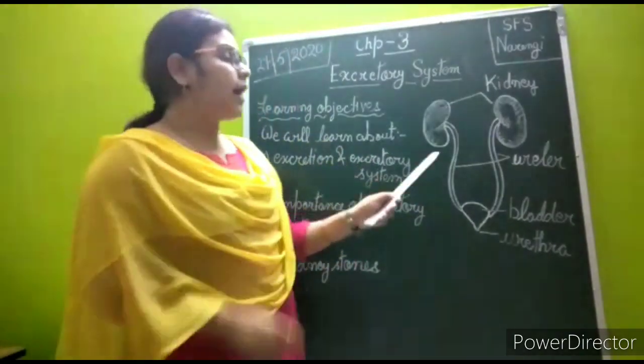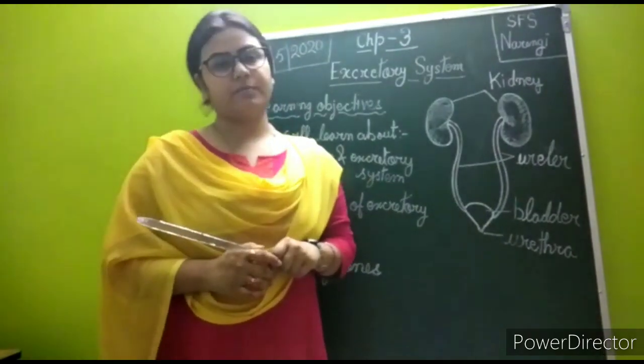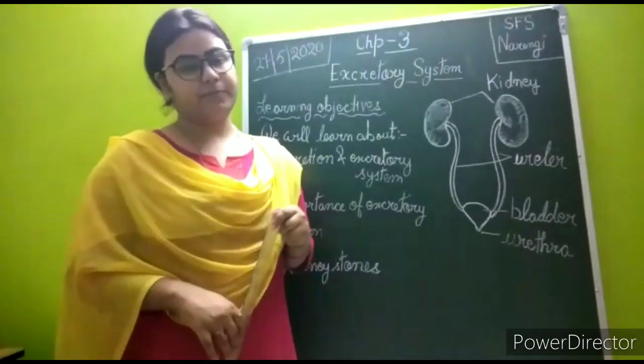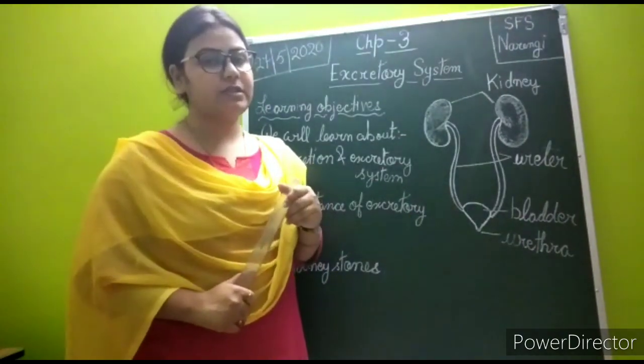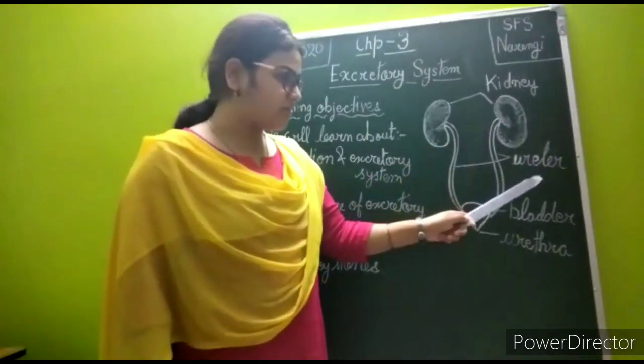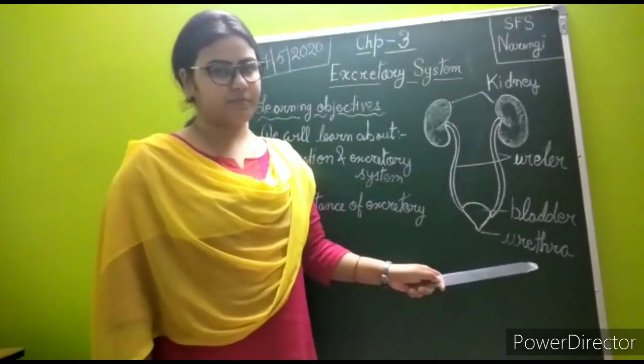So, now, this is the structure of your excretory system. This is a normal human excretory system. Now, in the human excretory system, what are we having? We are having kidney, ureter, bladder and urethra.